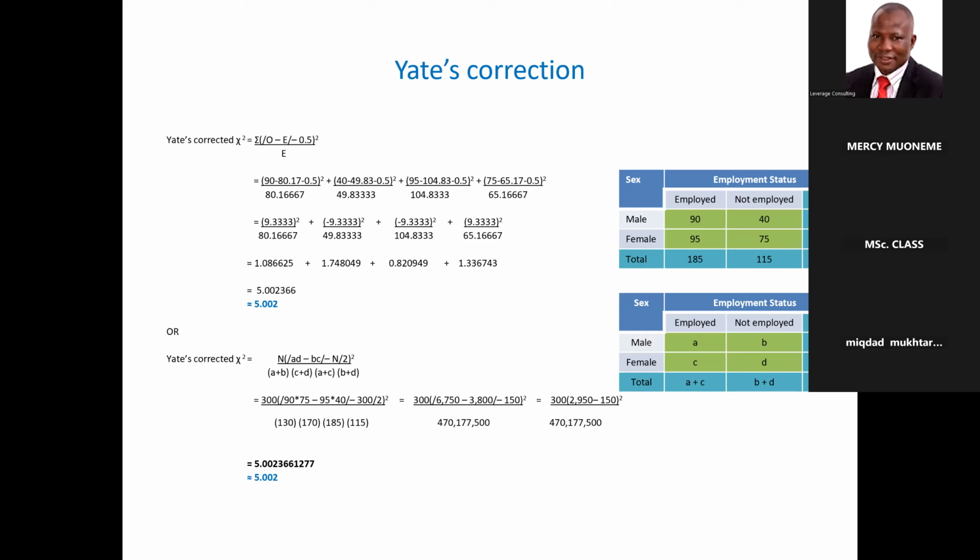So they use it to their own advantage. If both of them are significant, they'll take the corrected chi-square. Some of them don't even know the logic behind it. Another thing is that some examiners don't even know what expected value is.